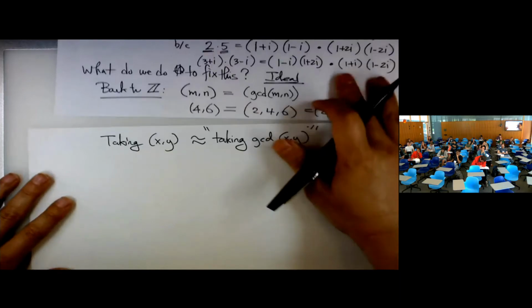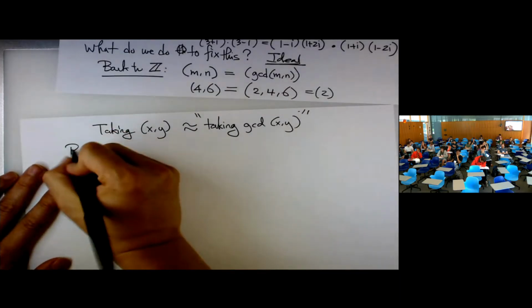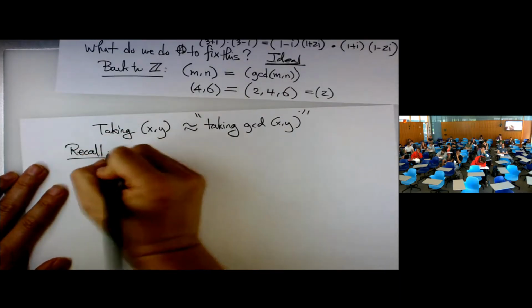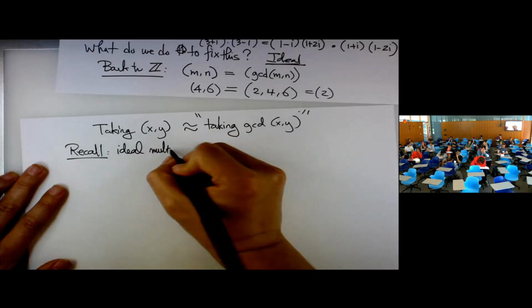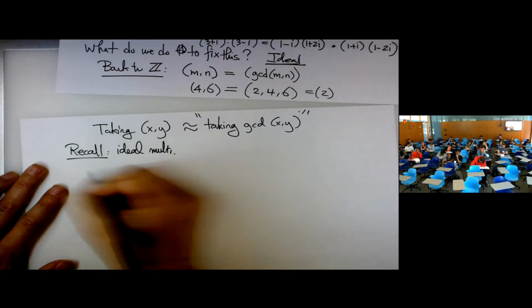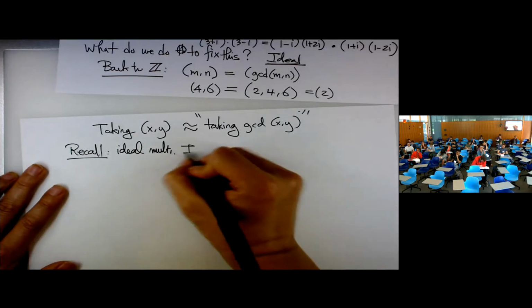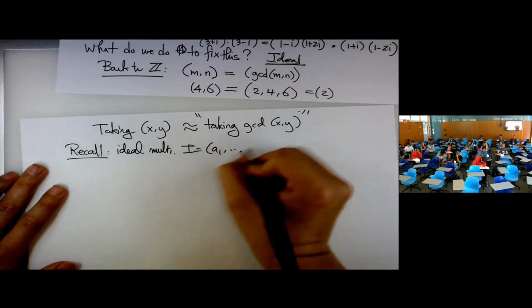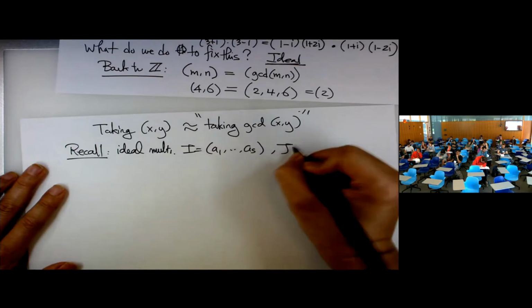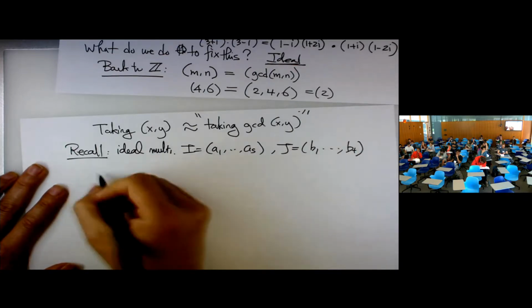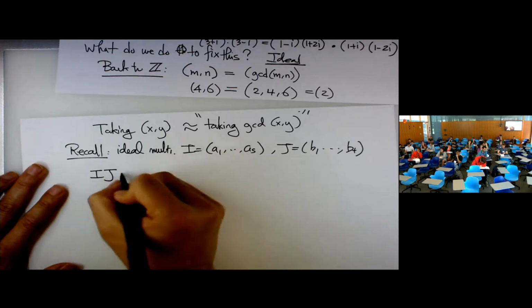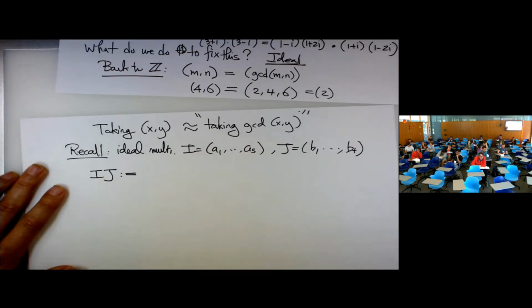So also I want to recall the ideal multiplication, which is the multiplication of ideals. Say my I is the ideal generated by a bunch of numbers, and J is the ideal generated by another set of numbers. Finite numbers, but it could be infinite. It works the same. Then I can multiply the two ideals together.